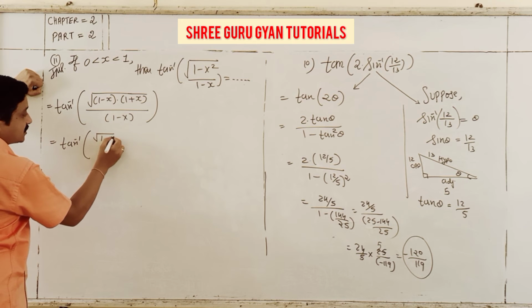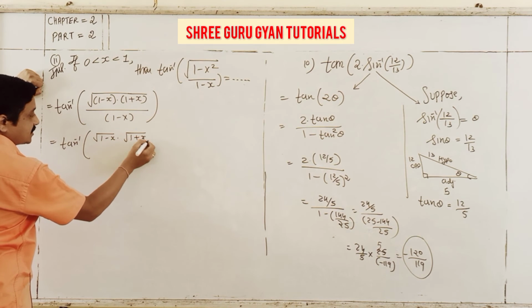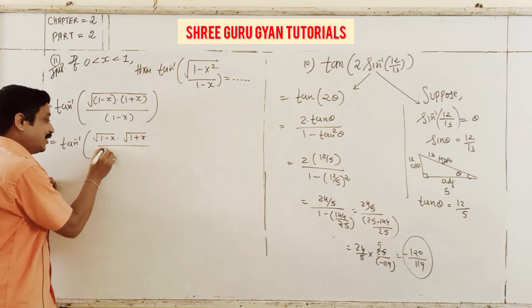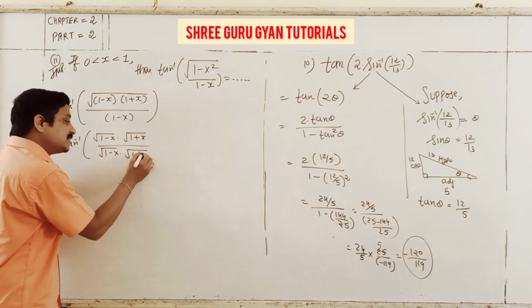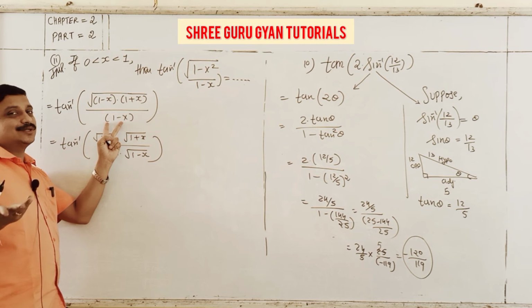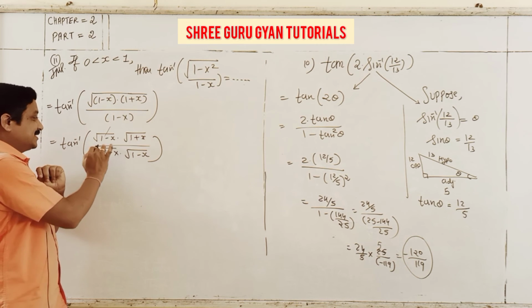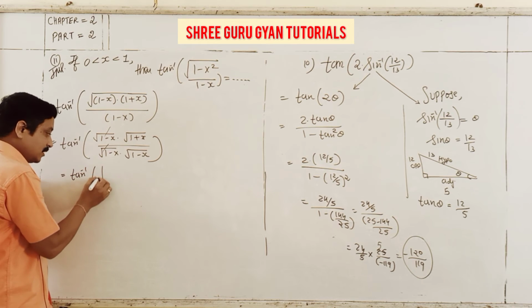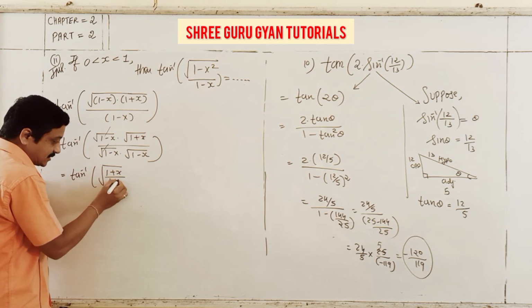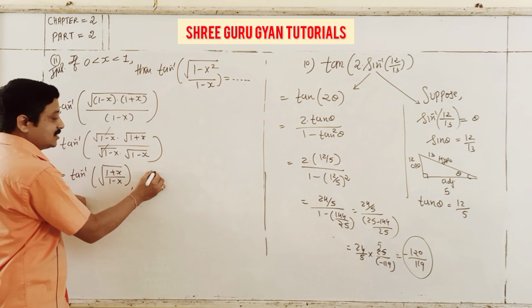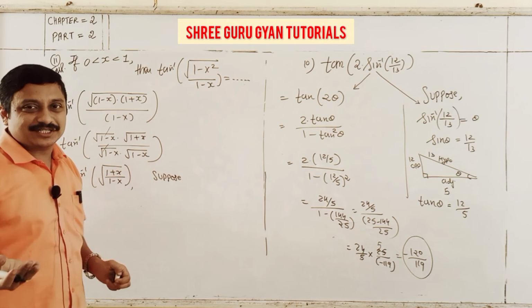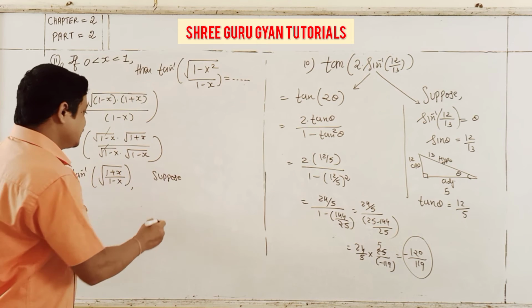Root 1 minus x, root 1 plus x, and this 1 minus x I will also write as root 1 minus x, root 1 minus x. The root 1 minus x cancels. Now your numerical is very easy, under root 1 plus x by 1 minus x. Now suppose, you know the formula very well, x is equal to cos theta.